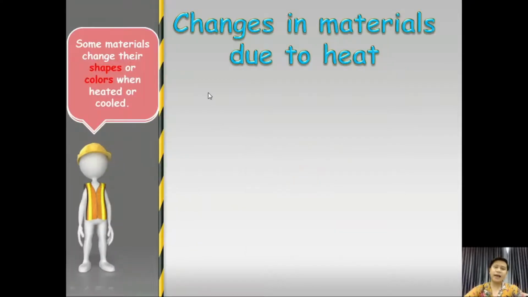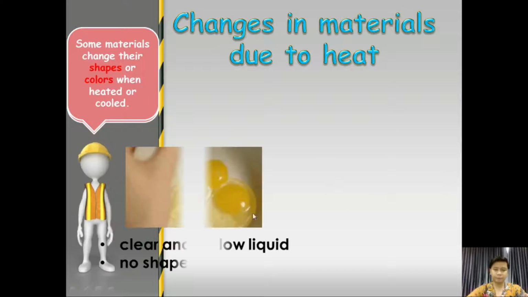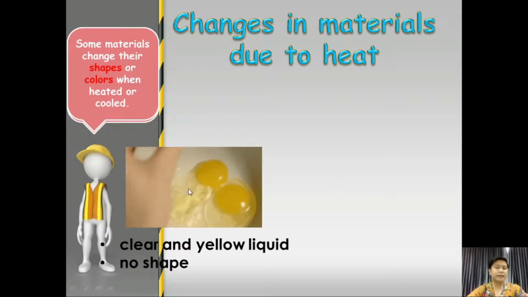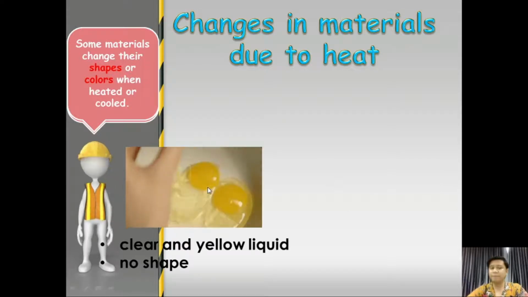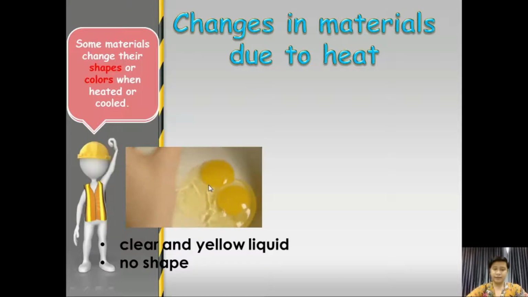So next, we will go to the changes in materials due to heat. Some materials change their shape or color when heated or cooled. The best example is an egg. It is a clear and yellow liquid, and of course, it has no shape.